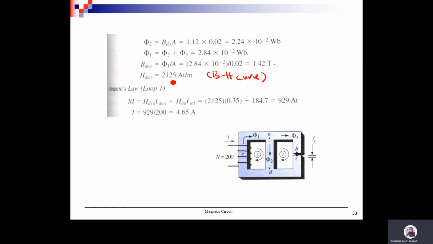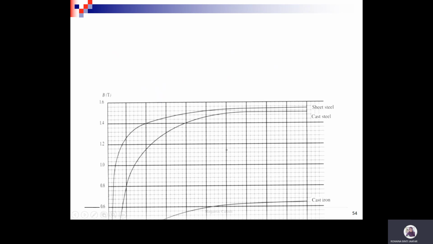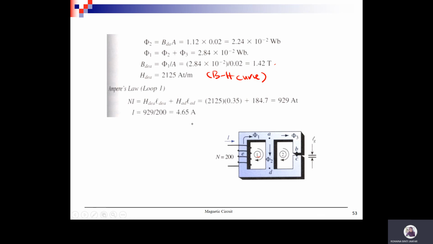Okay, you get 2125. And then you apply Ampere's law at loop 1. So loop 1 only, Ni, you have the source here, equals HDEA LDEA plus HAD LAD.